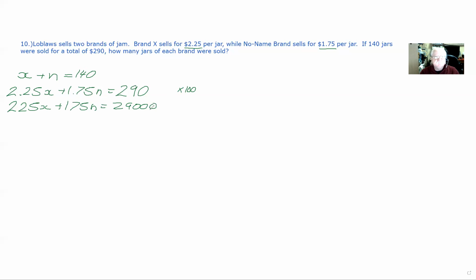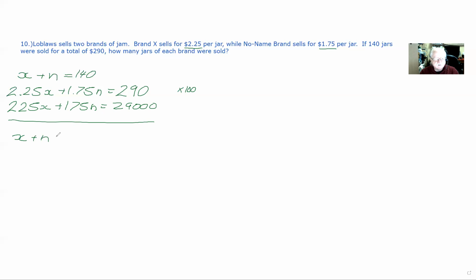It becomes 29,000. So we now have two equations in the standard form with no fractions and no decimals. So let's work with those.